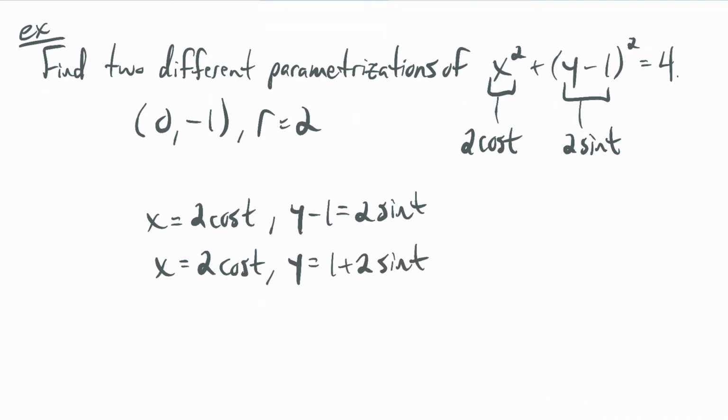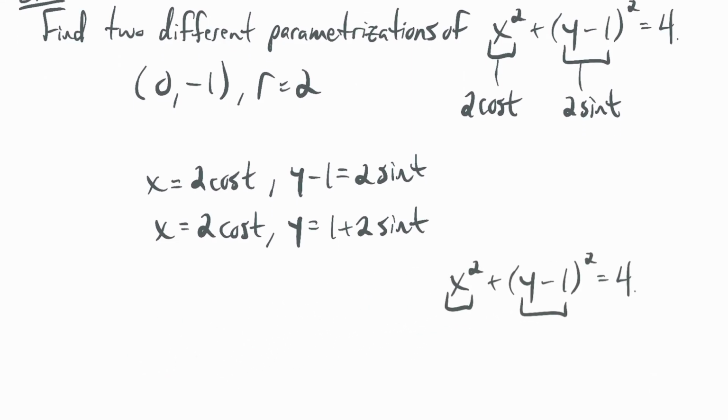Okay, so now I need a different parameterization. Well, what I can do is just swap the role of sine and cosine. That will work just fine. So let's say that this term is 2 sine t, and this one is 2 cosine t.